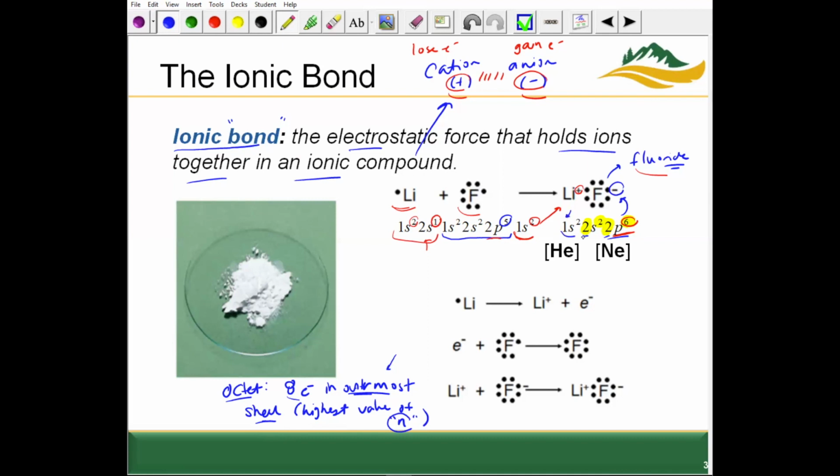We're just looking at n equal 2 to see 8 electrons total to form a happy complete octet. Why is lithium happy then when it gives up this one electron? Well, then lithium actually gets to fill its duet. It's happy with just 2 electrons in 1s2, so it's happy with a full duet, whereas fluorine is happy with a complete octet.